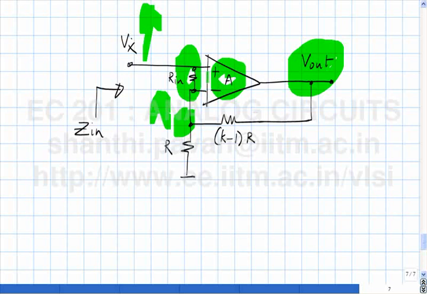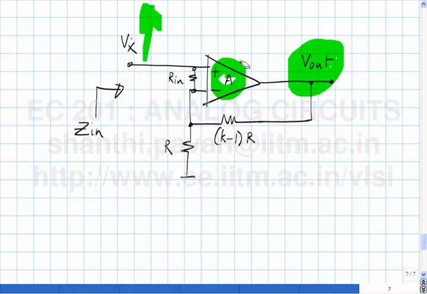Very small, but by how small is very small? V out by A. This gain is A, guys. So if the output is V out, then the difference in the input potentials must be V out by A. So the current flowing through Rn must be V out divided by A divided by Rn.